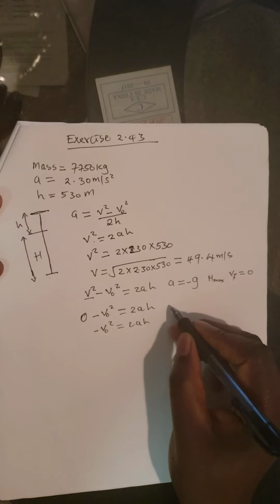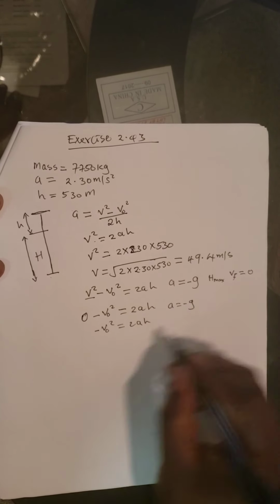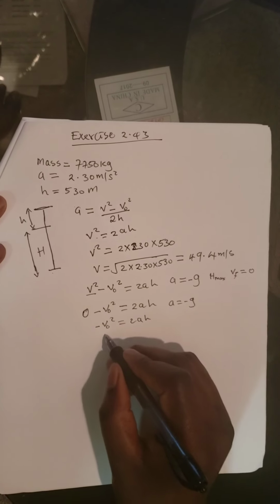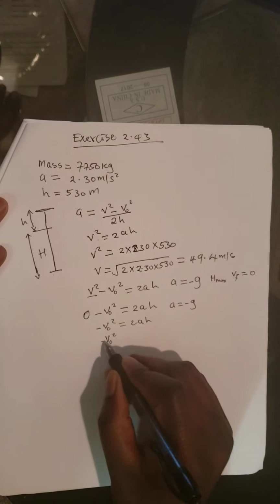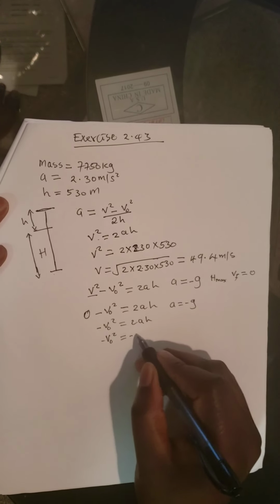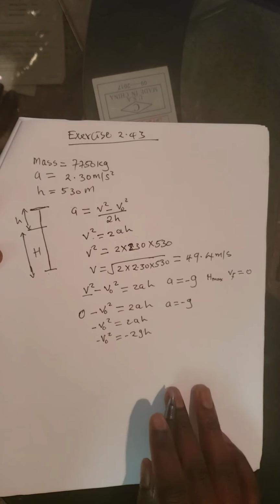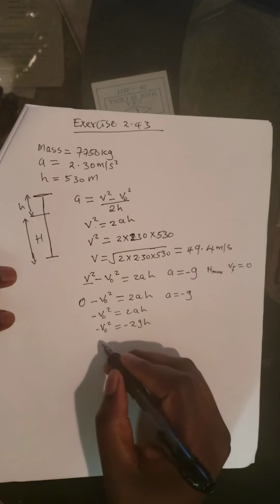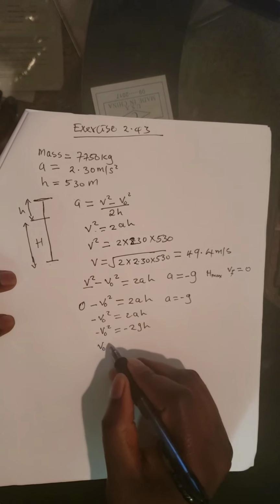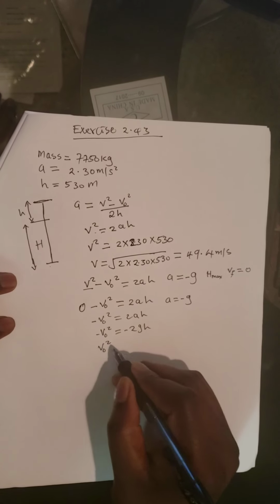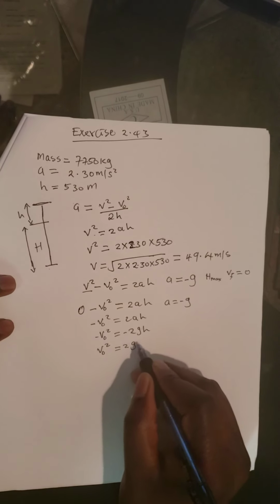And we said our a in this case is negative g. So if we substitute here, we're going to have minus v naught squared equals negative 2gh. The negative and negative will cancel. Finally, we have v naught squared equal to 2gh.